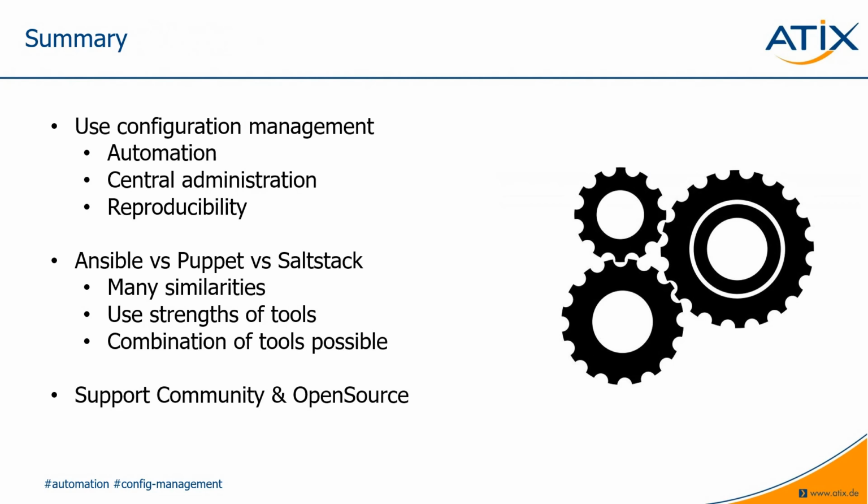Well, yes, a really short question. If I would be totally new to configuration management, what would you recommend me? Puppet, Ansible, or SaltStack? It's difficult to answer, because I think the fastest way to get something running is to use Ansible.